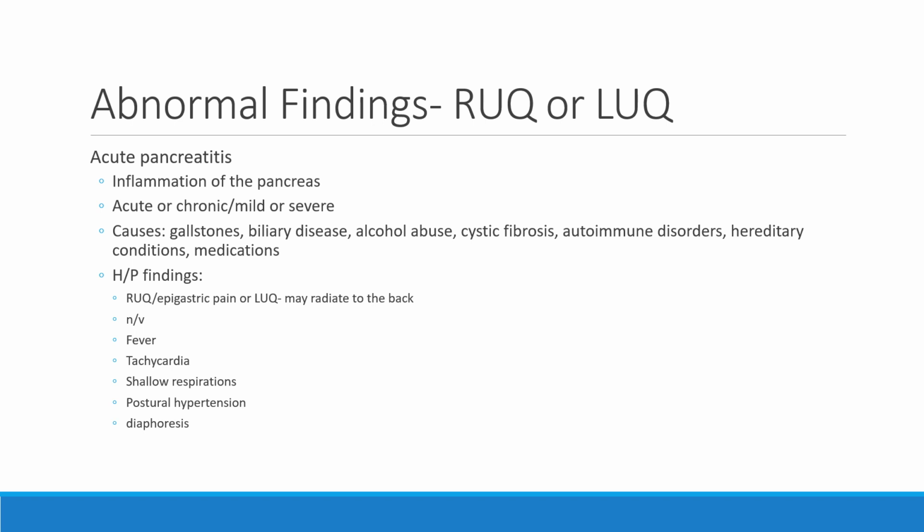I know your text states that acute pancreatitis presents with right upper quadrant or epigastric pain, but it can also present with pain in the left upper quadrant. This can radiate to the back. These patients can have nausea, vomiting, fever, tachycardia, shallow respirations, postural hypertension, and diaphoresis.